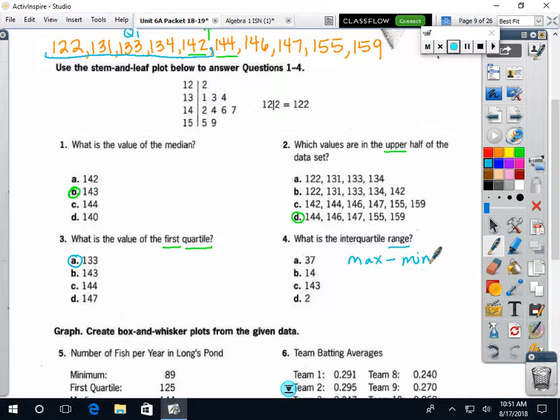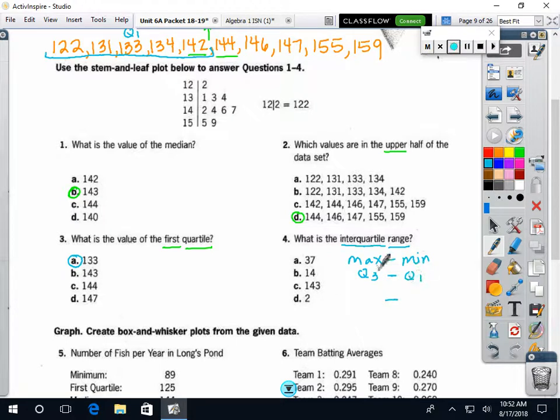Correct. Interquartile range deals with the quartiles. So instead of just doing the max of all the data minus the min of all the data, you're going to do the maximum quartile, which would be quartile 3, minus the minimum quartile, which would be quartile 1.